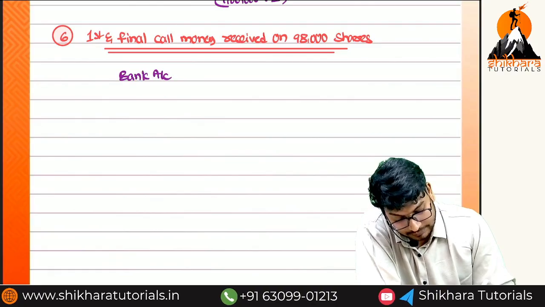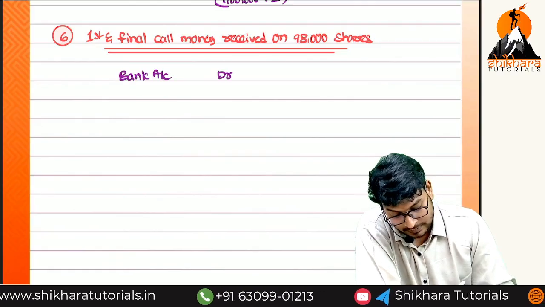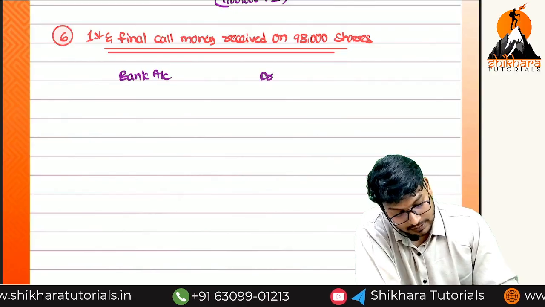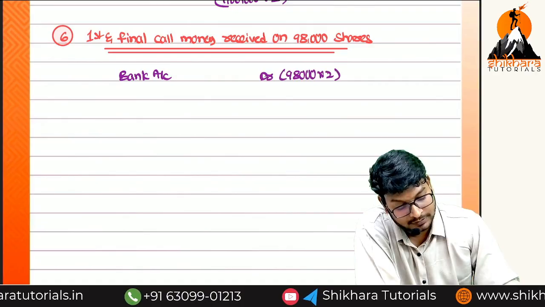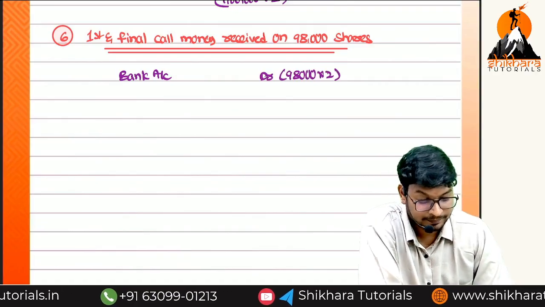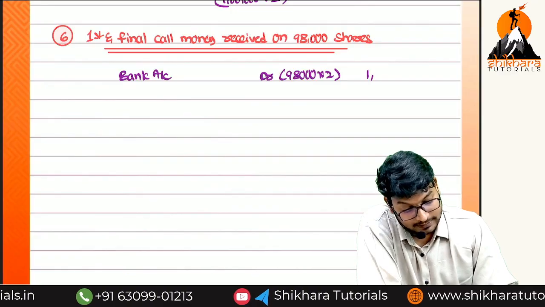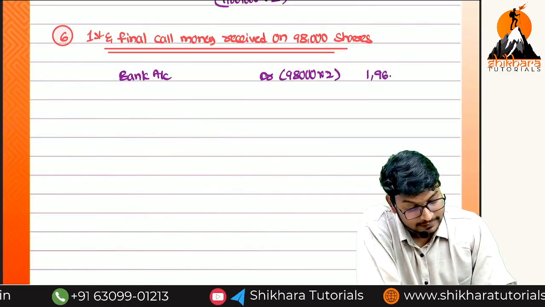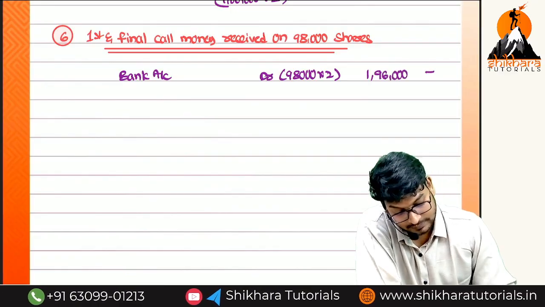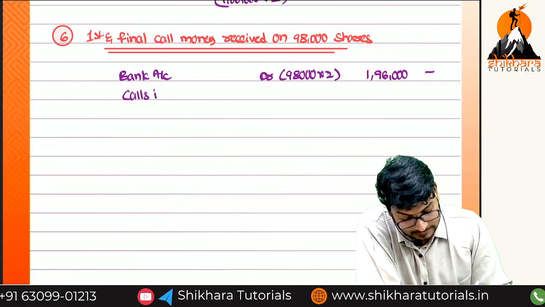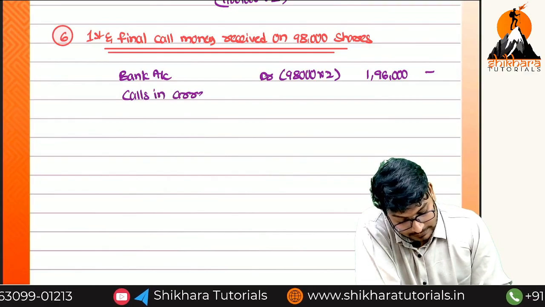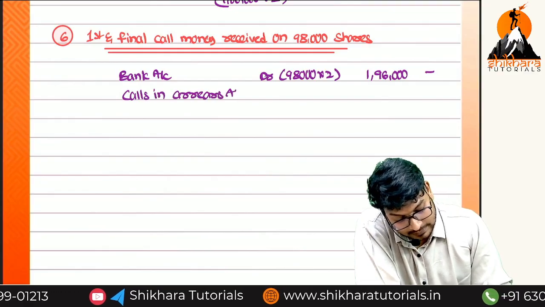Bank account debit on how many shares ma? 98,000 into 2, that is equal to 1 lakh 96,000. And next, calls in arrears account debit.